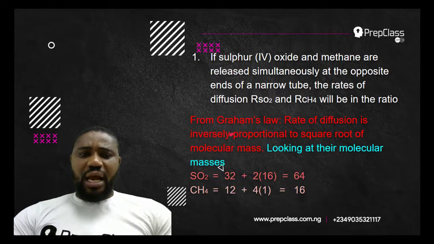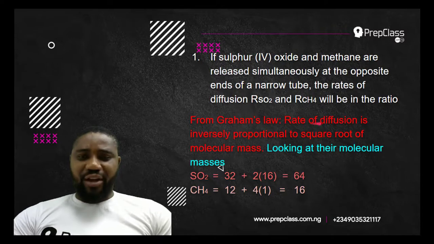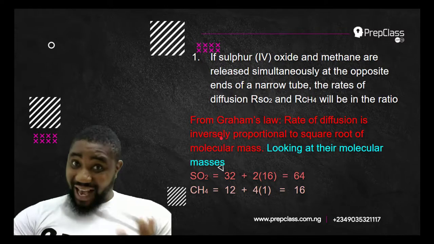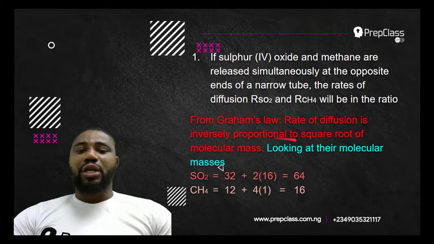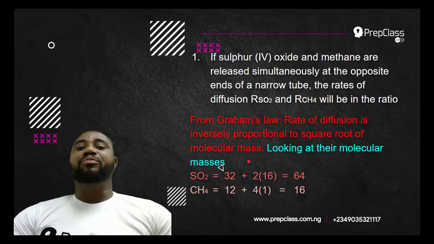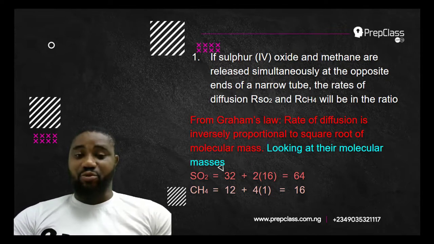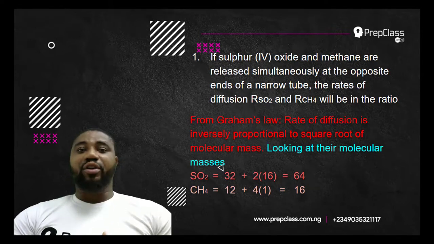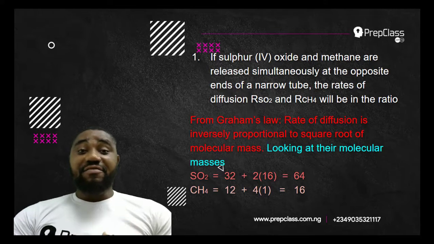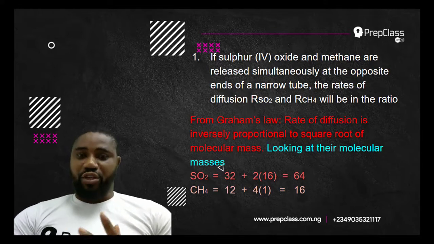Now, remember from Graham's law of diffusion that the rate of diffusion of a gas is inversely proportional to the square root of its vapor density. But it can also be written as: the rate of diffusion of a gas is inversely proportional to the square root of its molecular mass.